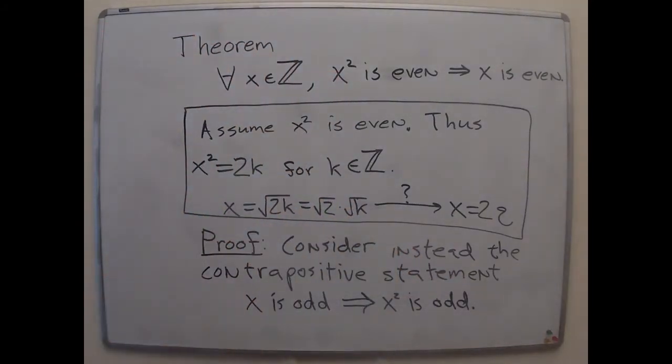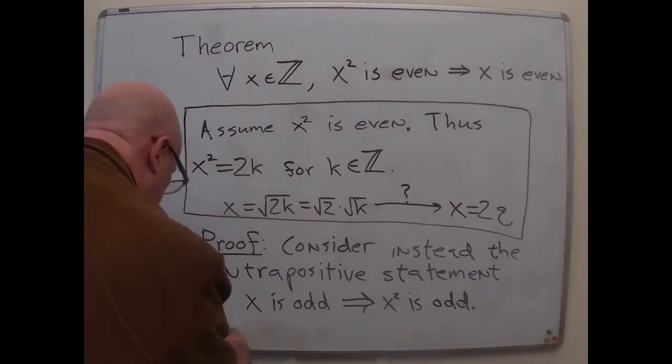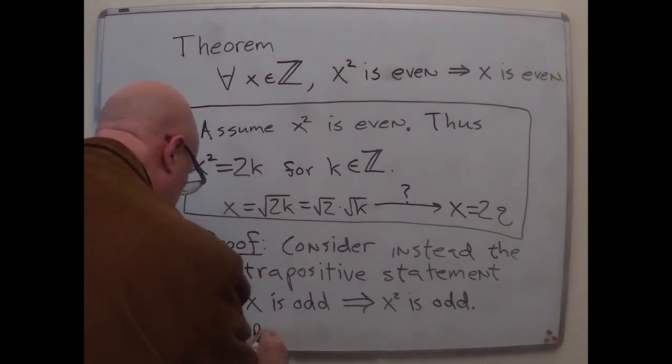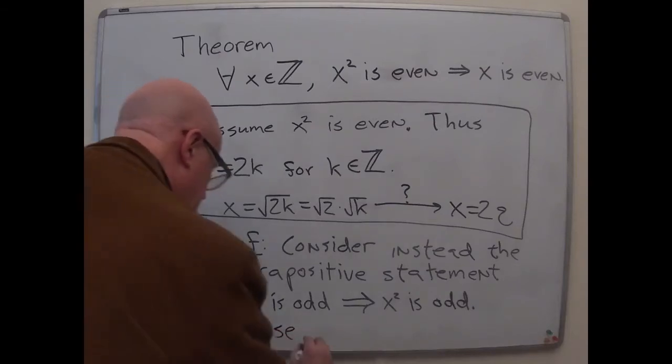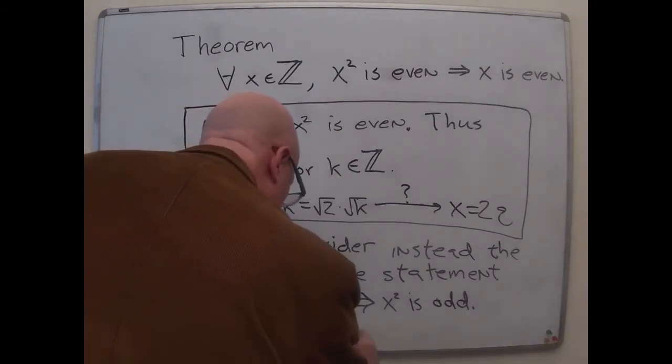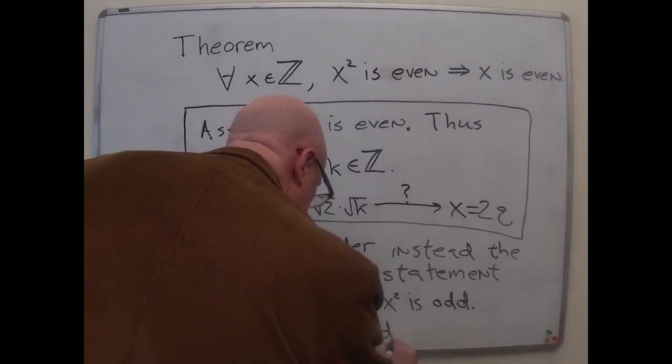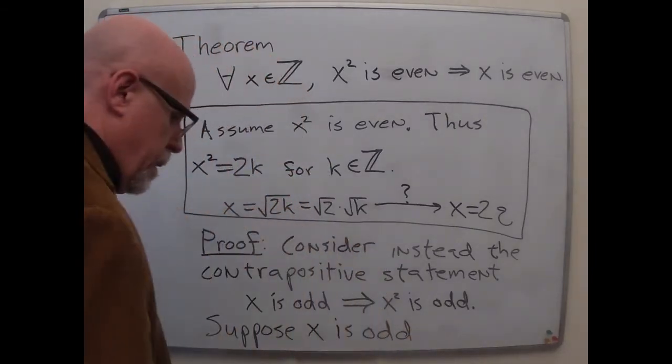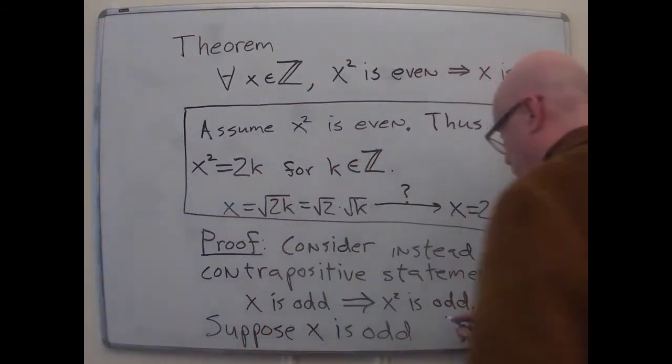Well, that actually is easy. We've got the right direction for the computation. Assume x is odd. So suppose x is a particularly but arbitrarily chosen odd number. I'm just going to say suppose x is odd. Then x looks like 2k plus 1.